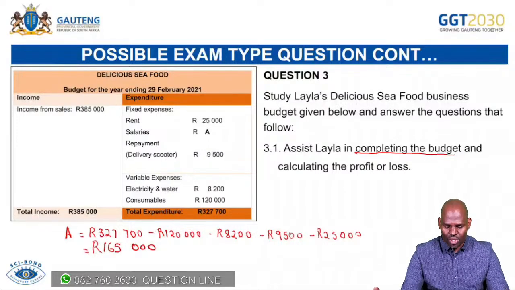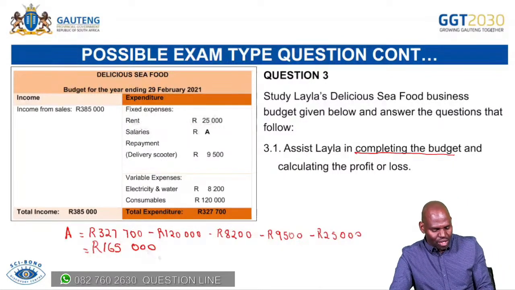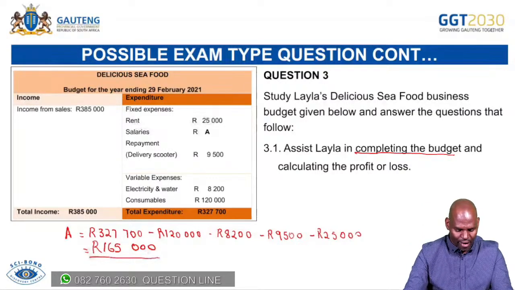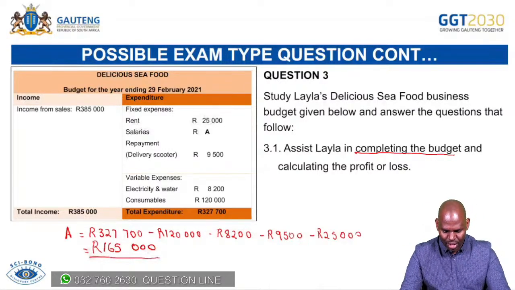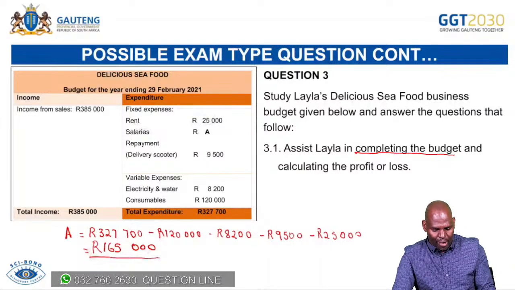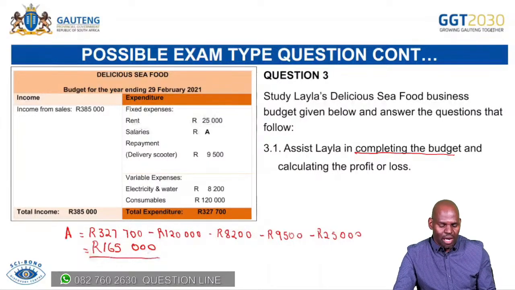Okay. The question is, assist Laila in completing the budget. So in order to complete the budget, there was a value missing, which is the value of A, which represents the salaries. So the salaries will cost 165,000. And calculating profit or loss, we need to check: in this case, are we calculating a profit or loss?